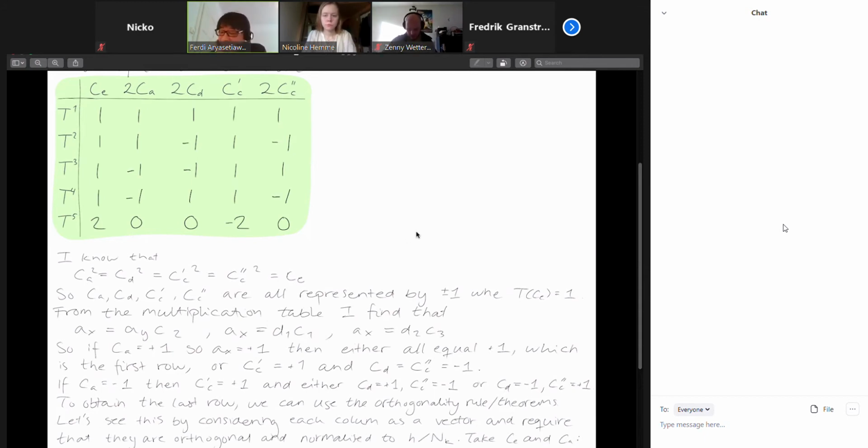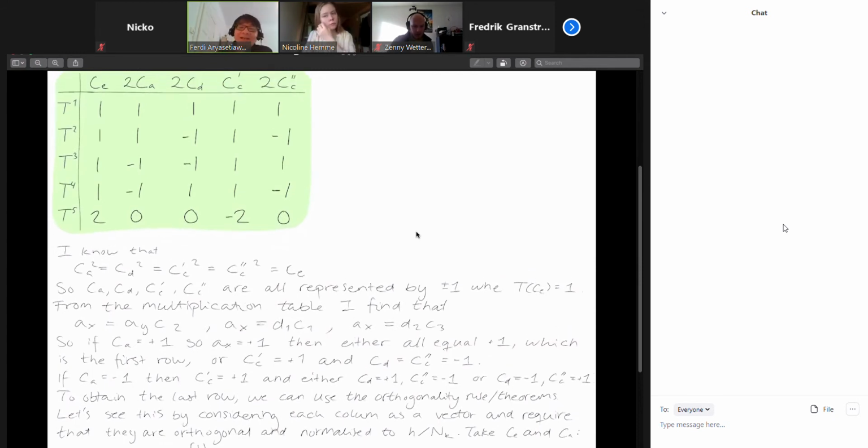Anybody has the solution for the factor group? I have it here in my solution, so it would be better if one of you could present it. No, so let's see.